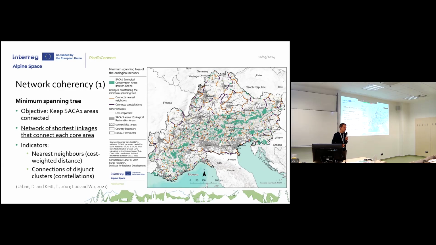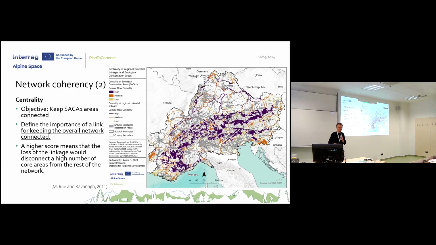Then for the second dimension, regarding the network coherency, we used, first of all, the minimum spanning tree. So this is the network of the shortest linkages that connect each core area. And second, we also checked the centrality. This defines the importance of a linkage for keeping the overall network together.